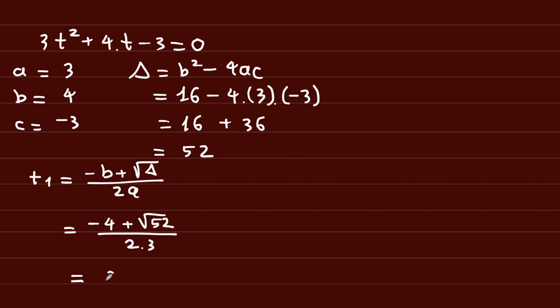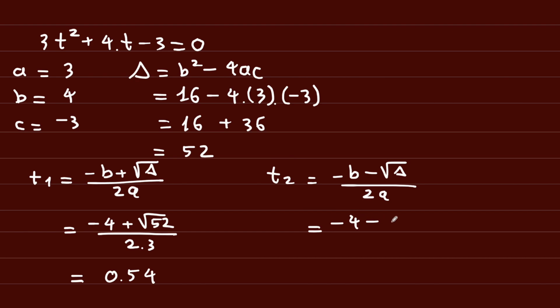You got here 0.54. And about t2, minus b minus square root of the discriminant divided by 2a: minus 4 minus square root 52 divided by 2 times 3. So minus 4 minus square root 52 and then divide by 6. This is equal to minus 1.8.